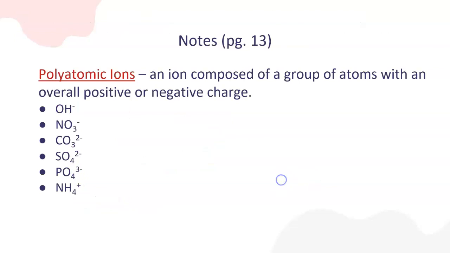Now on to notes for page 13. Please make sure you have your periodic table out, as we are going to add some resources to the back of it. Okay, polyatomic ions are ions that are composed of a group of atoms that have an overall positive or negative charge. There are a lot of them.